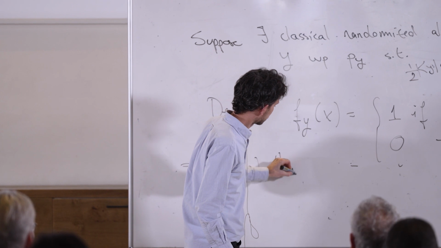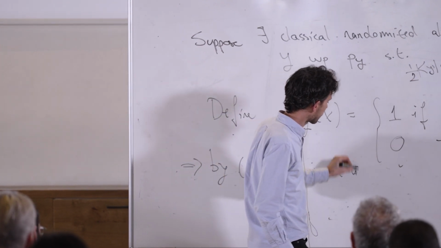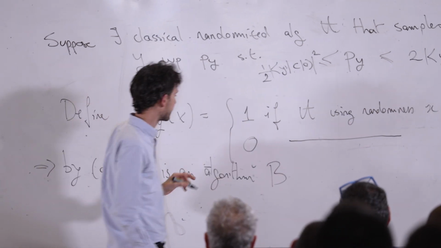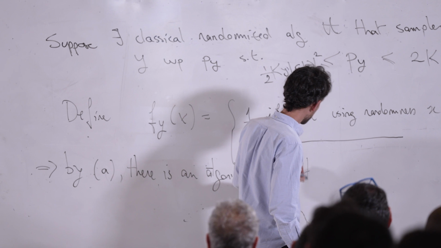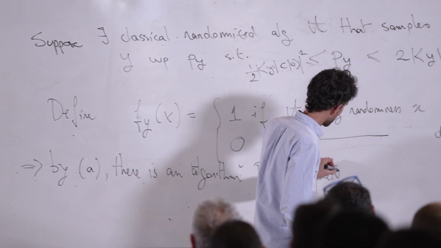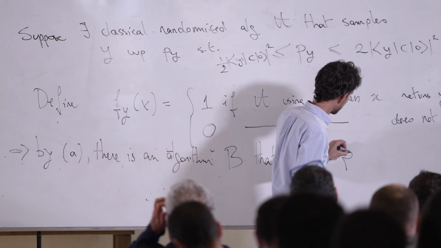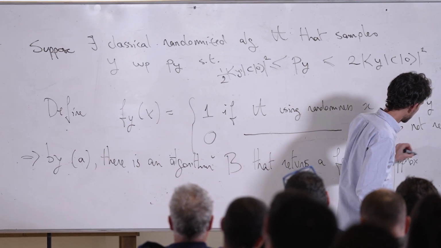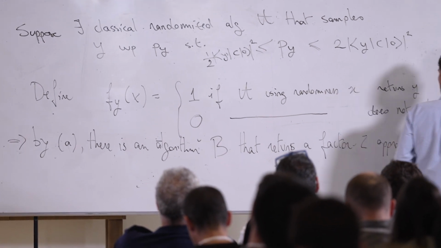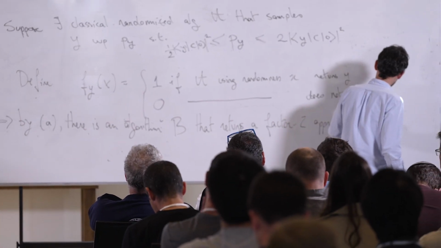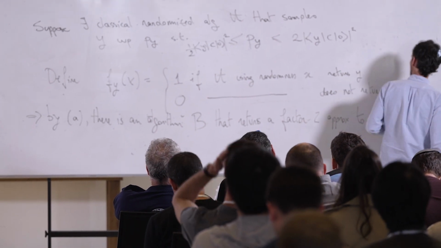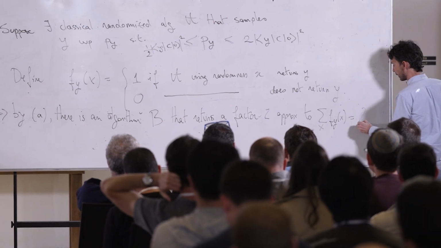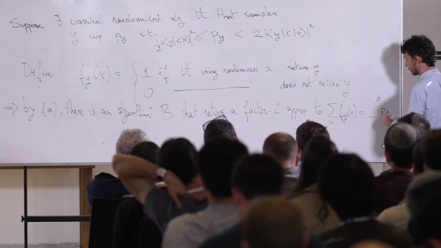So this implies by A, there is an algorithm. This algorithm is not quite a polynomial time algorithm. It's slower than that, but I'm being a little bit sloppy here. There is an algorithm B that returns a factor 2 approximation to the sum over x of f_y of x, but this is exactly the probability that the algorithm returns y times 2 to the n, 2 to the n times p_y.